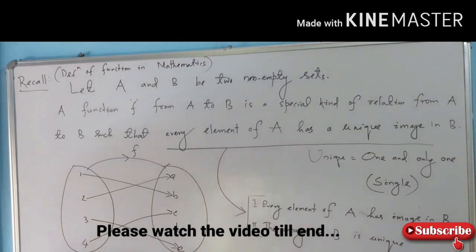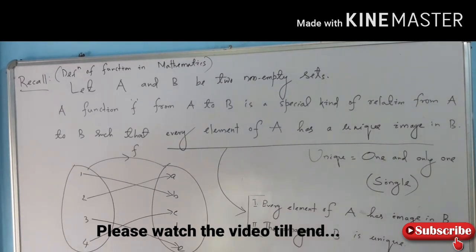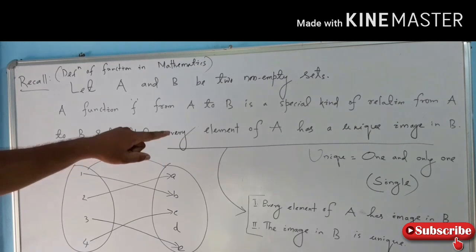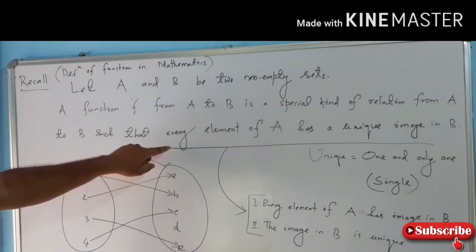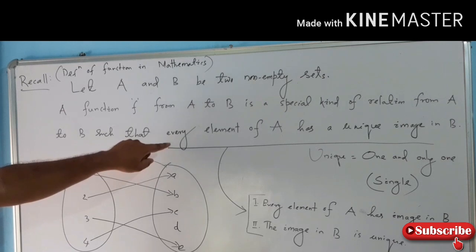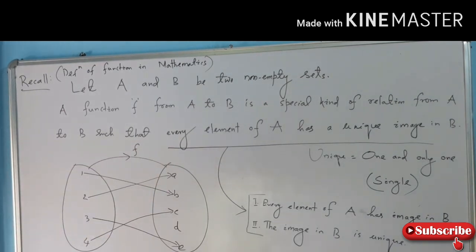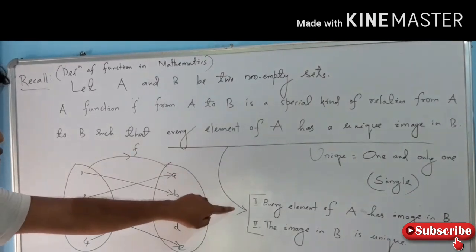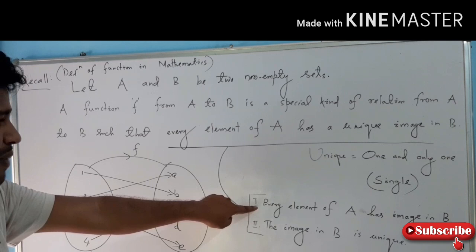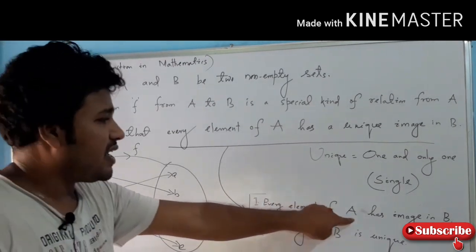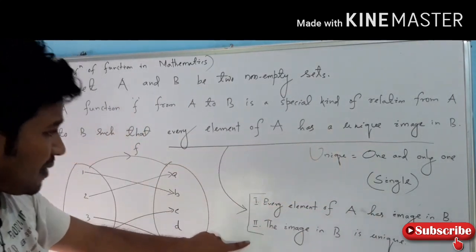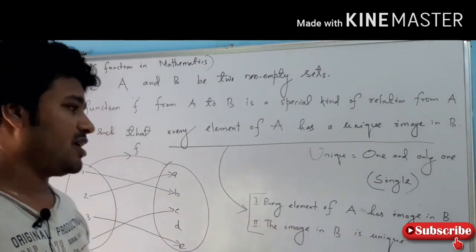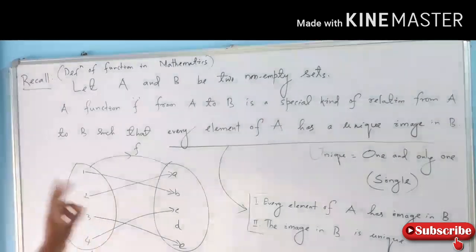A function small f from A to B is a special kind of relation from A to B such that every element of A has a unique image in B. Please note, I have underlined this clause of the statement: every element of A has a unique image in B. If I break this clause in two parts, the first part is every element of A has an image in B, and the second part is the image in B is unique. This is the definition of function in mathematics.